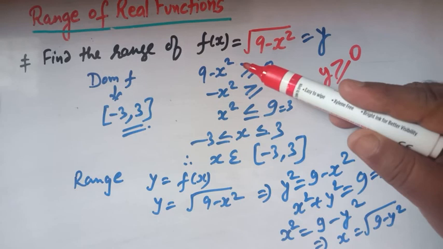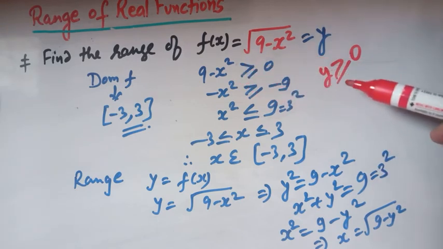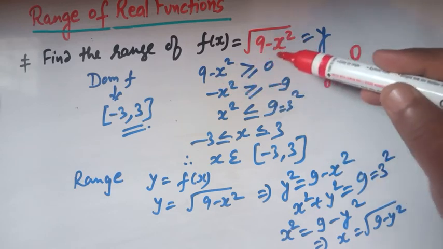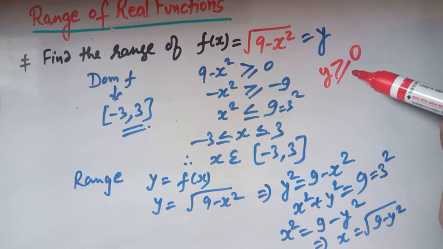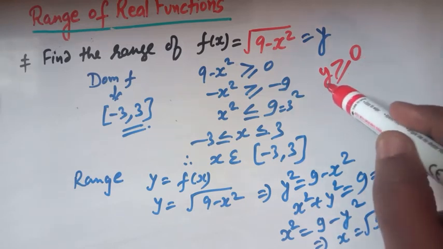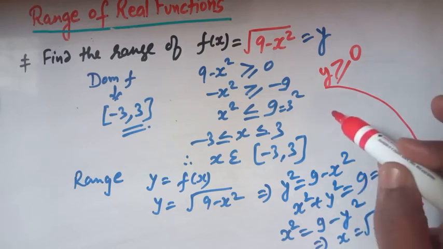Because this 9 minus x square is greater than or equal to 0, and we have assumed square root of 9 minus x square equal to y, so y is obviously greater than or equal to 0. So when we apply this fact to this equation, we come to the conclusion that the value of y varies from 0 to 3.